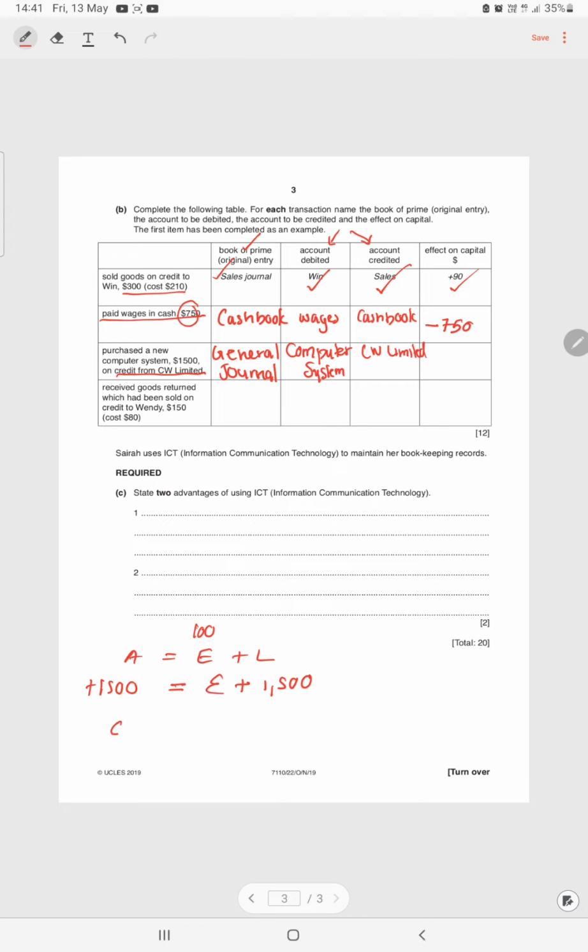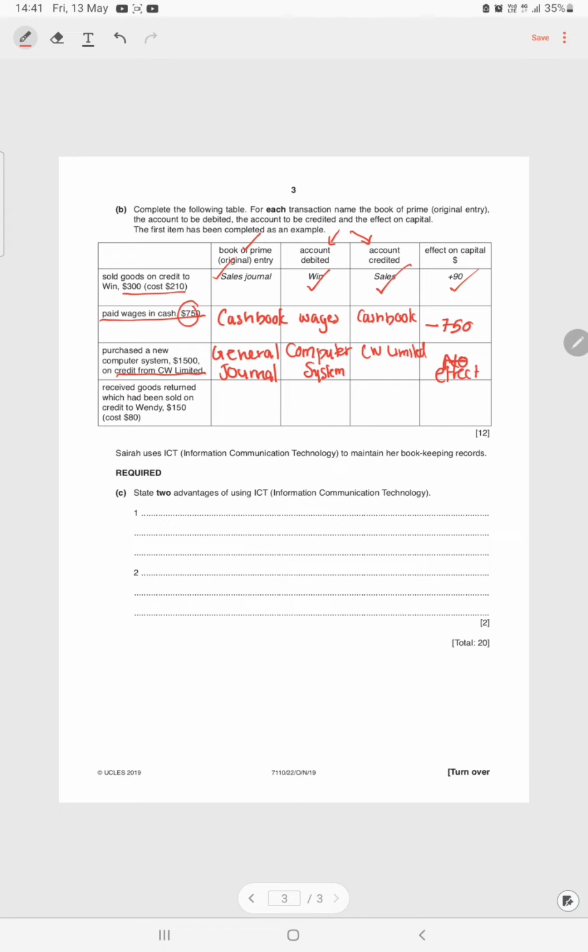So let's make equity E the object of the formula. You take liabilities, so it's 1,500 minus 1,500. Equity will be 0, which means equity did not increase. So when assets and liabilities both increase or both decrease, there is no change on equity. It's a formula, it balances out. So there is no effect, or you can write no effect.